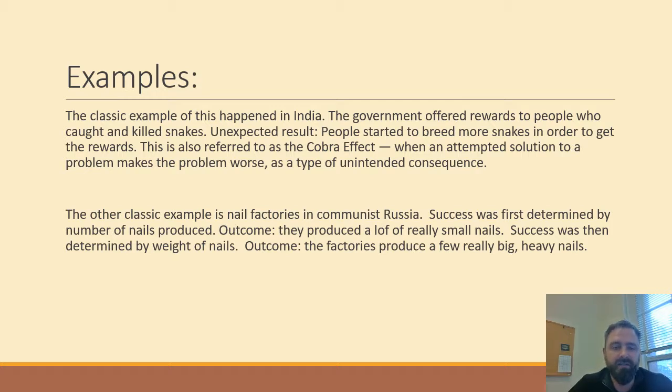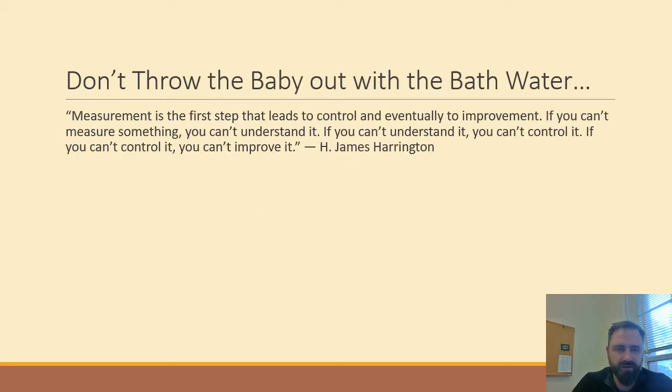The spirit of nail factory metrics was some way to measure the outcome or the outputs of the nail production. How well were they doing? Were they producing what they needed? But I think Campbell and Goodhart provide really helpful things to remember when applying impact metrics in your organization.